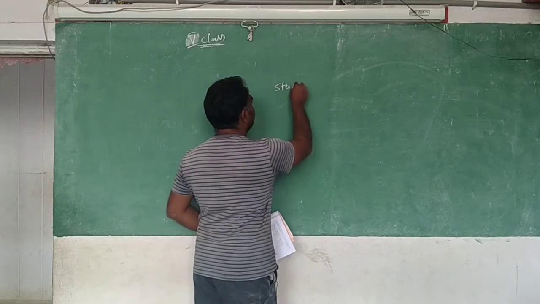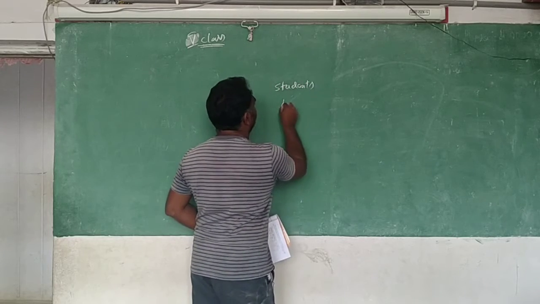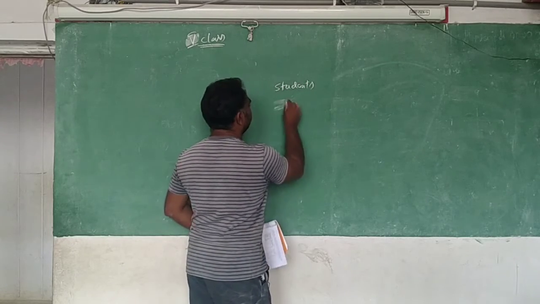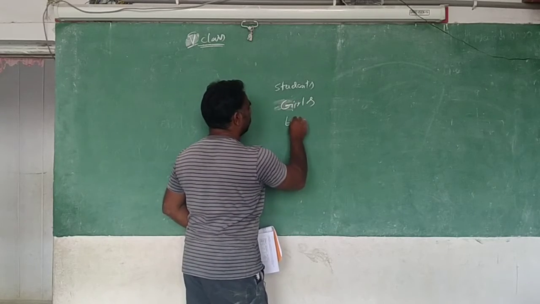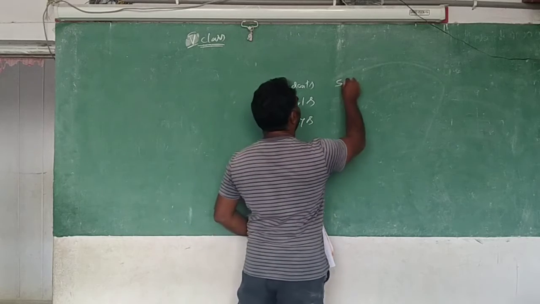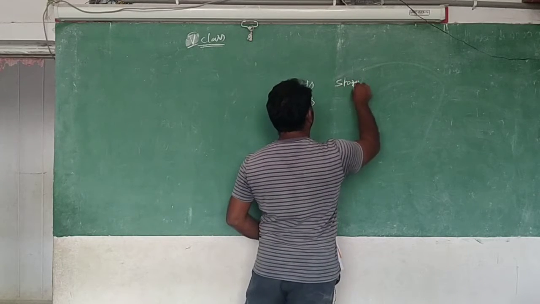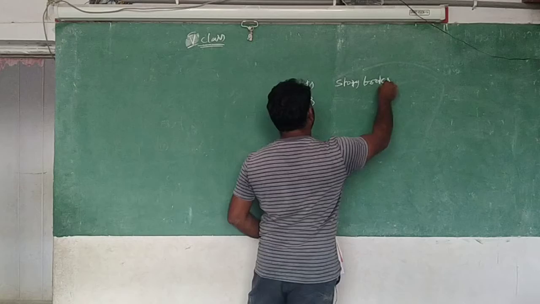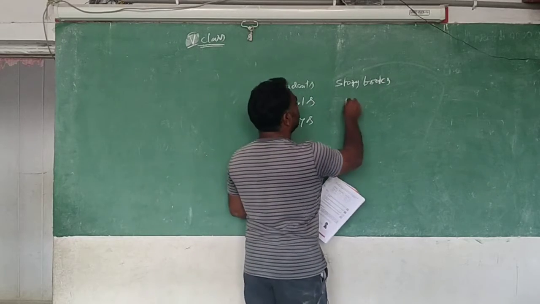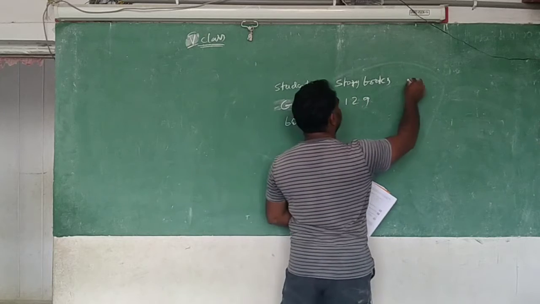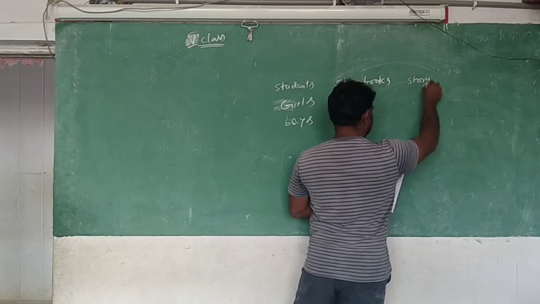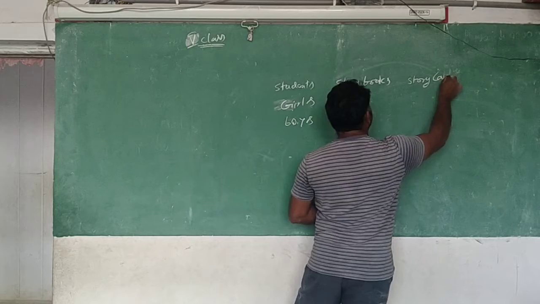So here students are in two formats, girls and boys. First they have given girls. Girls read 129 story books and 237 story cards.